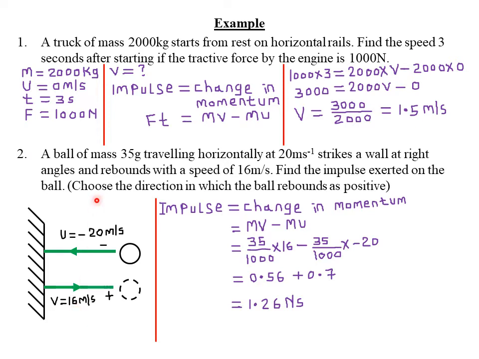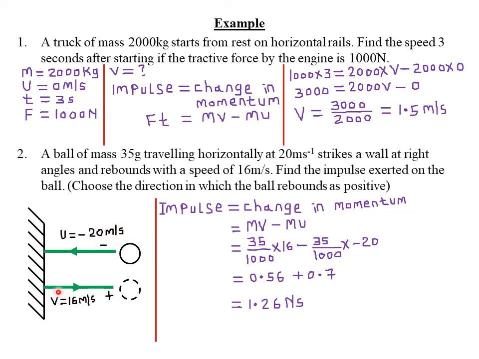Then we are told by the question to choose the direction in which the ball rebounds as positive. So if we choose this direction, in which the ball bounces after hitting the wall, as positive, then automatically the direction that the ball is moving towards that wall must be negative.